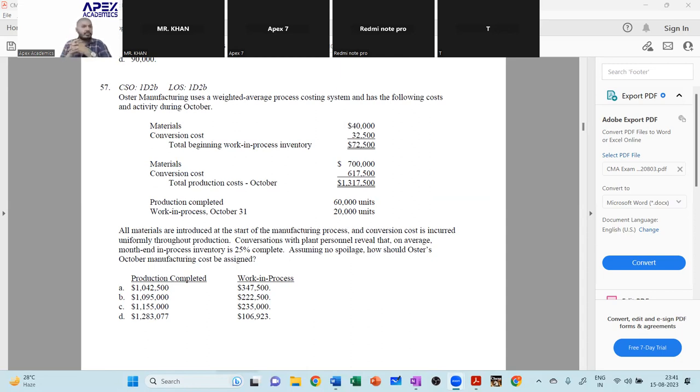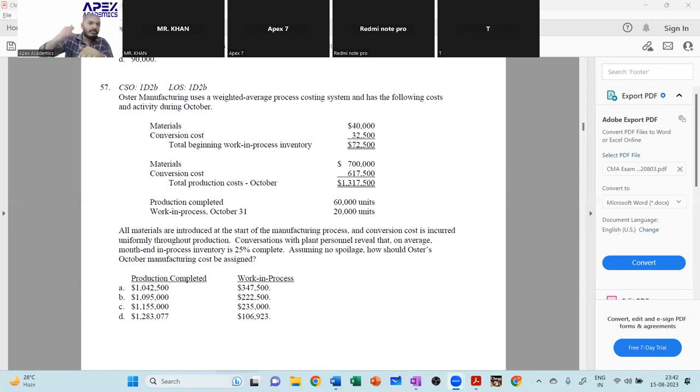The current period's production is 7 lakhs and 6,17,500 in overheads. The total production cost on all units apart from your opening stock is 13,17,500. The production completed is 60,000 units and the work in progress is 20,000 units. All the materials are introduced at the starting of the manufacturing process and the conversion cost is incurred uniformly throughout the production process.